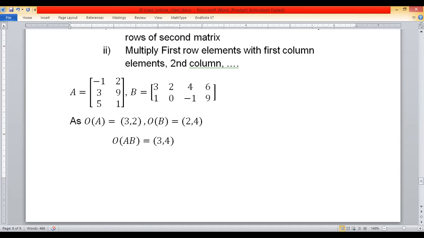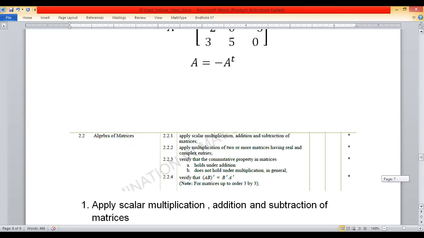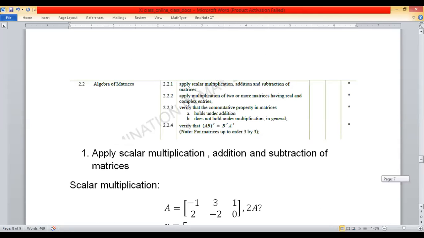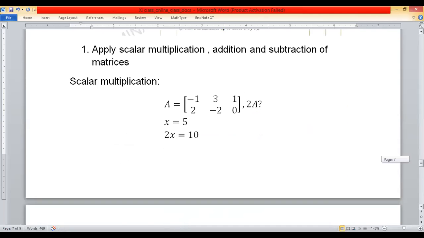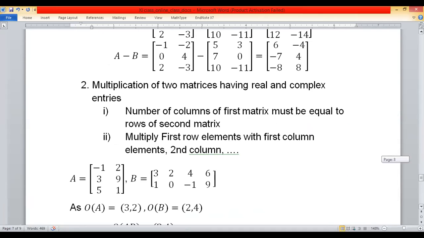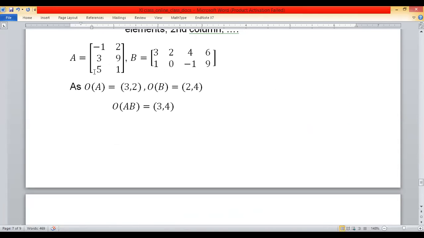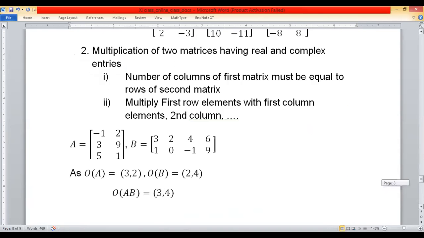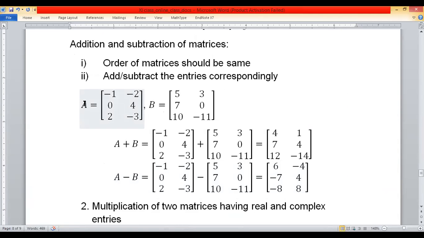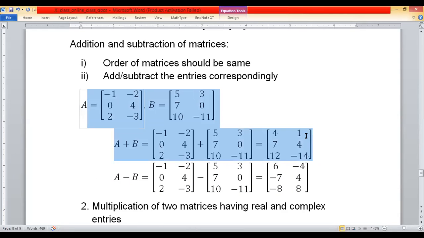So after that we have: verify that the commutative property in matrices holds under addition and does not hold in multiplication. So let's try. Multiplication, you can see here, if I take the same example.